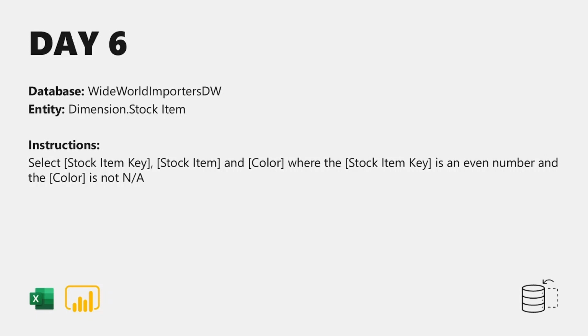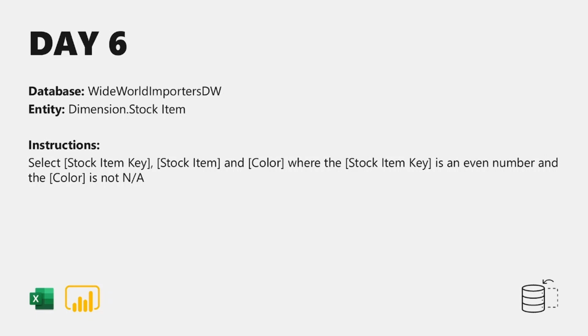So the instruction says we should select the stock item key, stock item, and color, where the stock item key is an even number and the color is not NA. If the stock item key is an even number, that means when divided by 2, there should be no remainder. The remainder should be equal to 0.